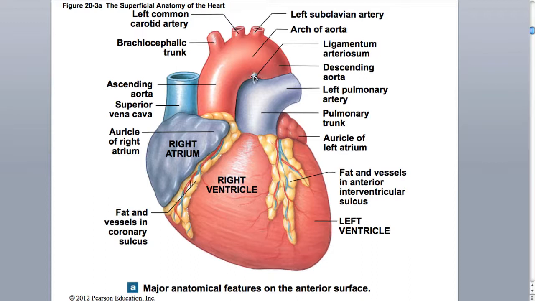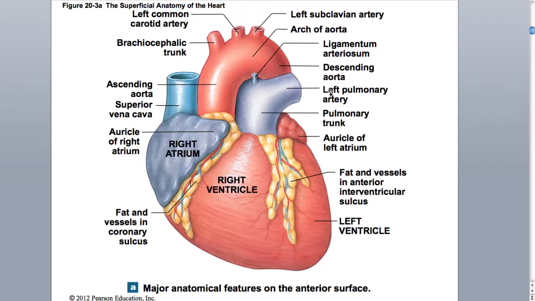Before you're born, it takes on a different name and a different function, a different purpose. After you're born, it takes on this name, ligamentum arteriosum. There used to be a flow here, and now it turned into a ligament type of material. So there was a vessel connecting the two before you were born.